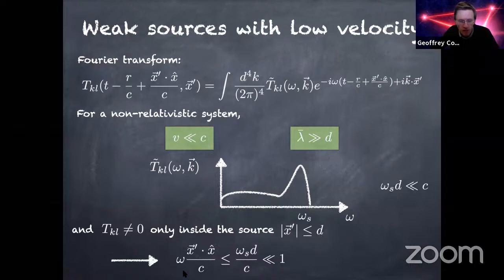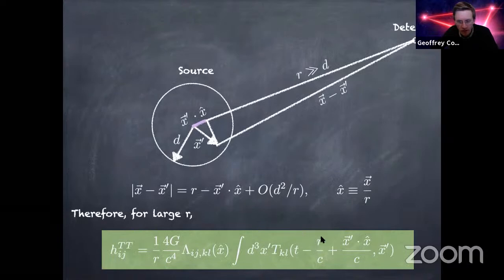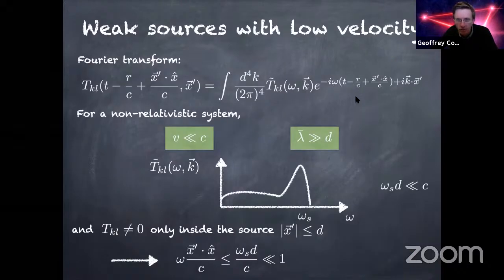So that number is the one that is important. This is the one that appears here after the Fourier transformation: omega times this number. This one is less than omega s, because omega is cut off by omega s, and this quantity is cut off by d.